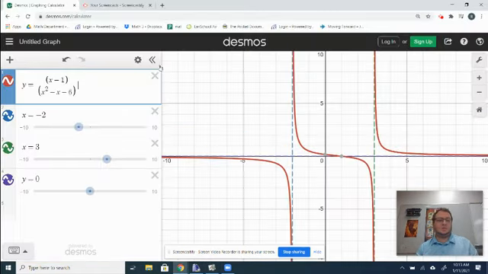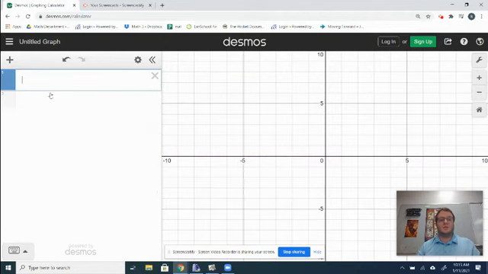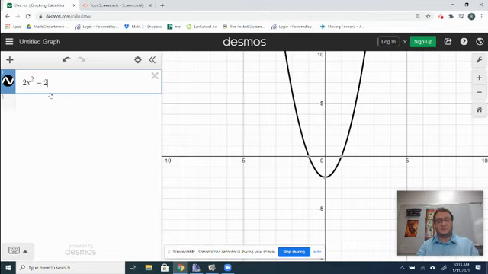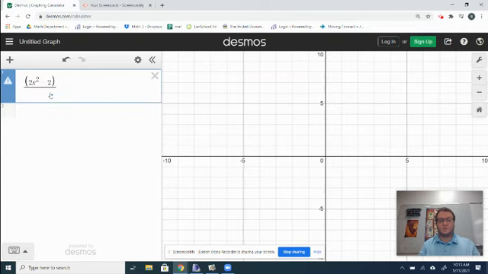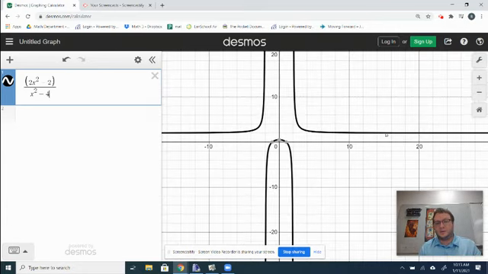Okay, and again, let's cheat a little bit. Let's go look at that and see what that looks like and see if that makes sense. So I've got 2x squared minus 2, and that's all going to be over x squared minus 4. Okay, and if I zoom out a little bit, we said y equals 2.